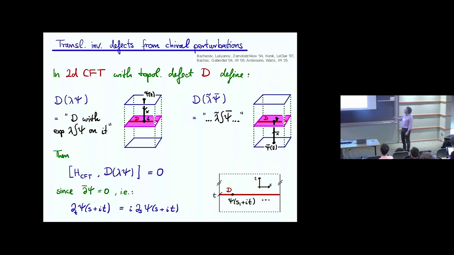So that's an example of a translation invariant defect, and it's in general not topological. You can do the same for an anti-holomorphic field, one which connects to the anti-holomorphic boundary and ends on this line. The same argument goes, and you again have examples. If you see these two examples, you may ask, can I do both of them simultaneously? Can I have a holomorphic and an anti-holomorphic perturbation at the same time?